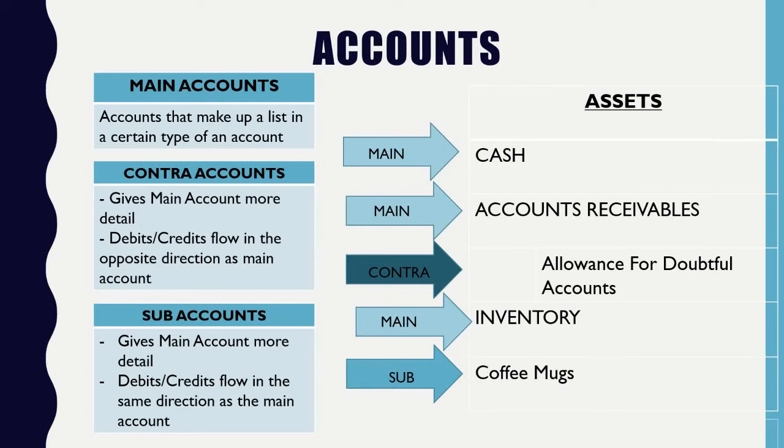So we'll be learning a lot of main accounts, sub accounts maybe not so much, but again, the main account is the content, the chapter title, while the sub account is more breaking down the chapter into more detail. And the contra account will be the opposite flowing one. All right, so that's just a brief little introduction there.